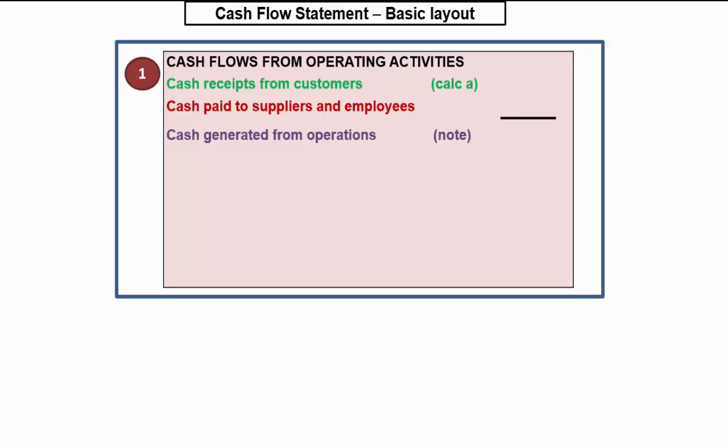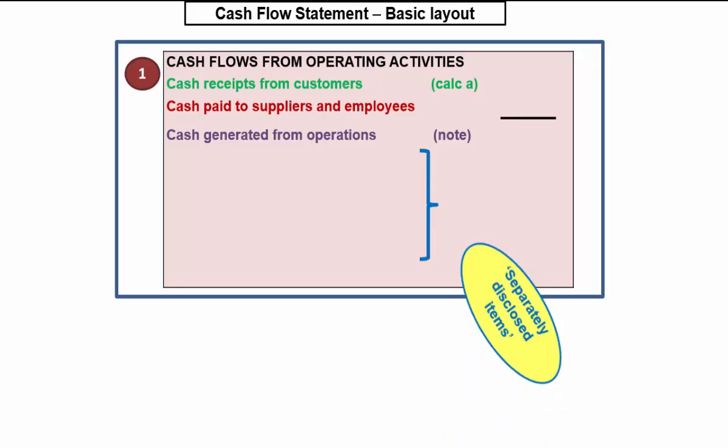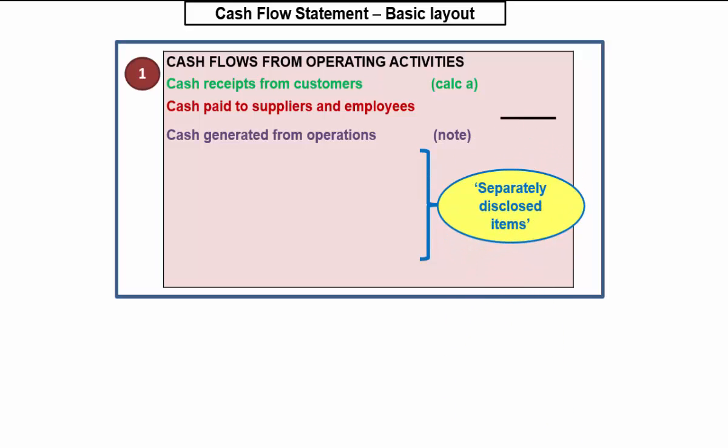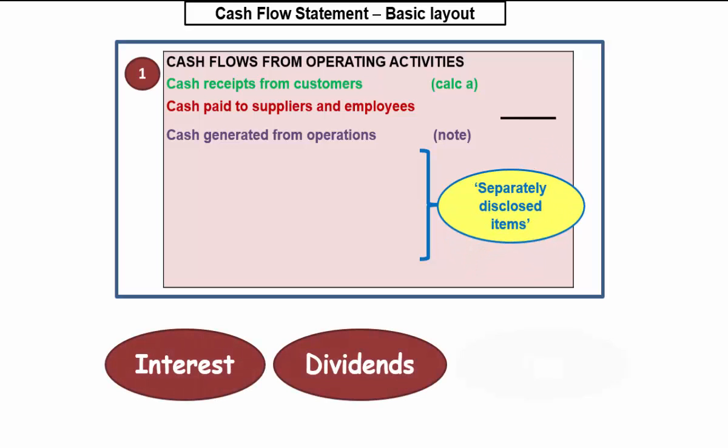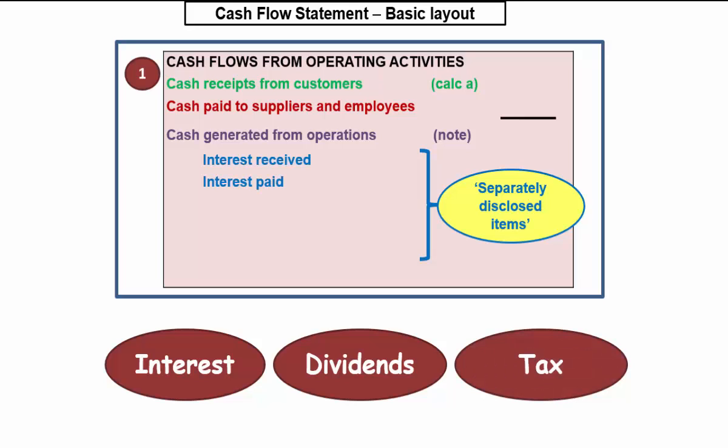Now this figure we're going to do a note to get to that number, and we will do the note and the calculation in a little while. Certain items are required to be disclosed separately. Anything to do with interest, dividends, or tax must be separately disclosed, whether it be interest received or interest paid, dividends received or dividends paid, or income tax paid.